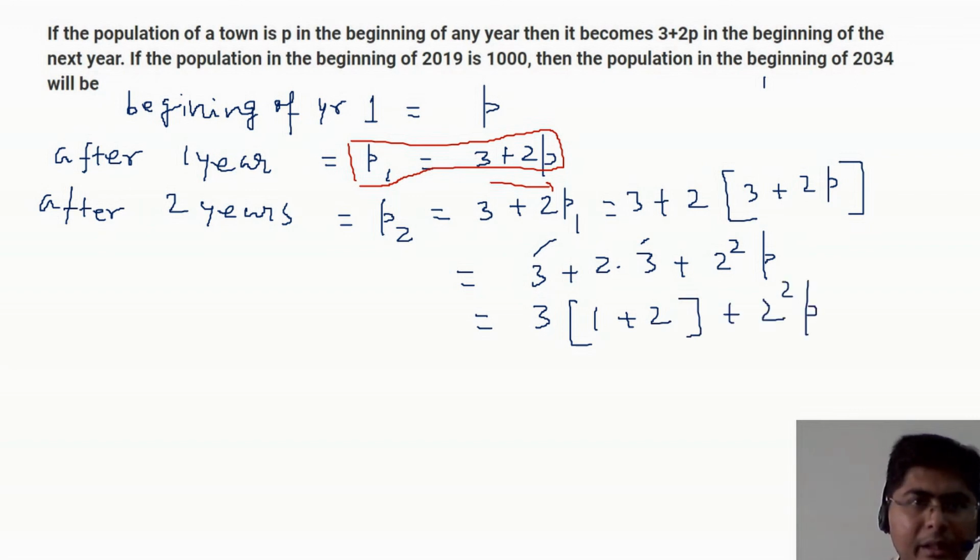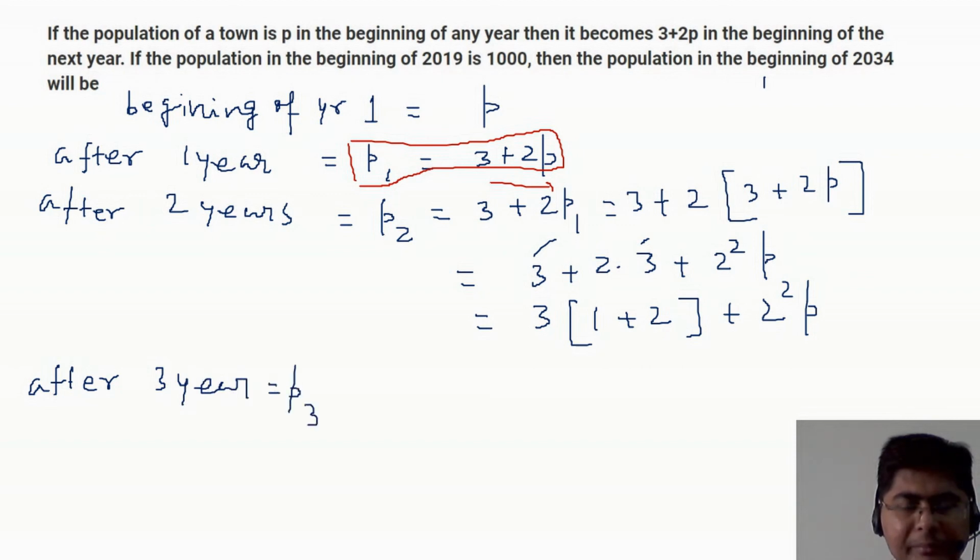Okay. Now what is the value after 3 years, which may be P3, is equal to 3 plus 2P2. Now once again I am putting the value of P2. What is the value of P2?